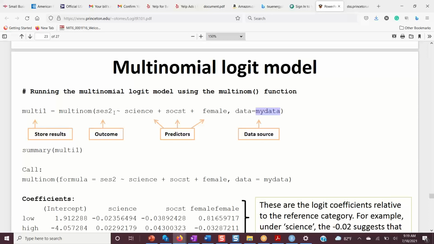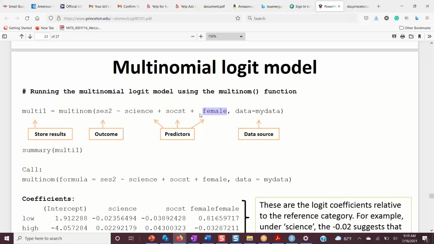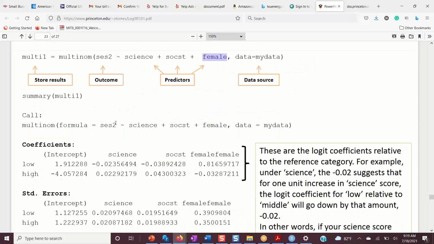What we are trying to predict is economic status on the basis of whether they are science graduates, what social status they have, and what gender they have. The female is in comparison with males. These are the variables, and the socioeconomic status is the dependent variable.